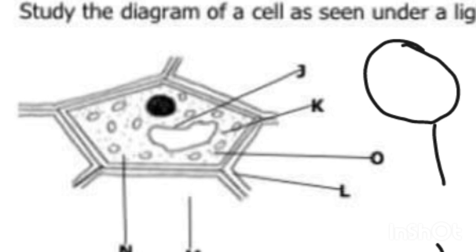So we can see, one, a vacuole, which is very visible. That's one identification feature. Then we have a cell wall, which is also another feature making us identify that this is a plant cell.